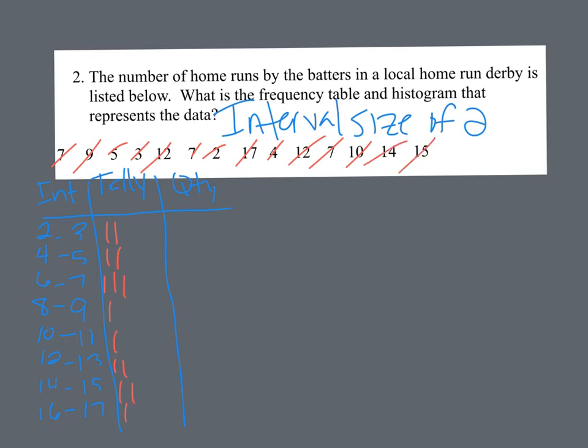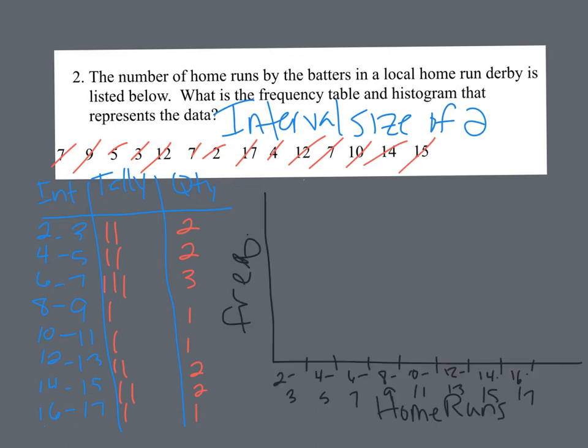All right, so then we have a 2, a 2, a 3, a 1, a 1, a 2, a 2, and a 1. So here's my frequency table. You need to pause and go ahead and draw yours.